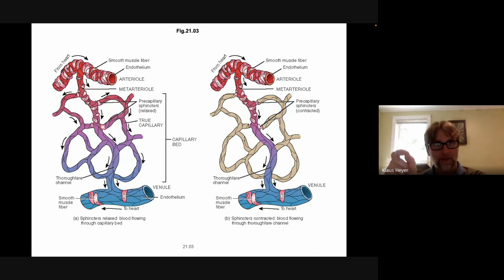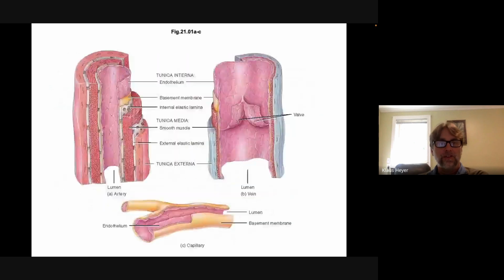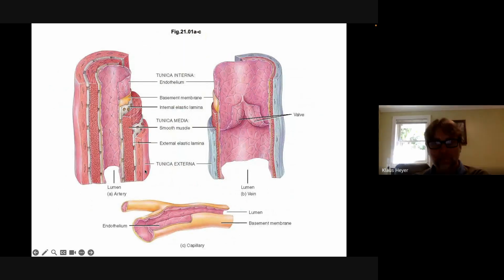Capillaries are really thin. Let's look at them. This is a capillary down here. It's essentially epithelial cells, and there's some basement membrane around it. No elastic, no muscle, no tunica externa layer, which is just connective tissue. You don't have any of that in a capillary.